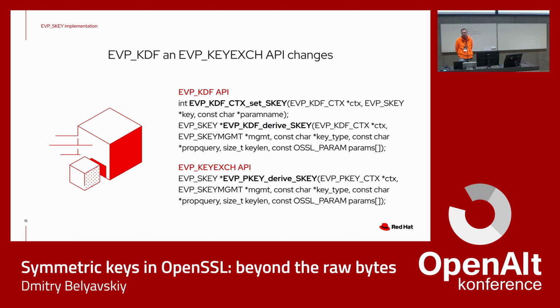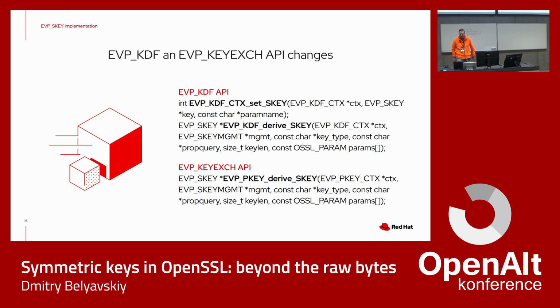As I mentioned, when we use some Diffie-Hellman-like scheme, we have our private key and peer's public key, and if we have a hardware token, we may want to derive the key that will not leave the token, but is still suitable for use in ciphers.